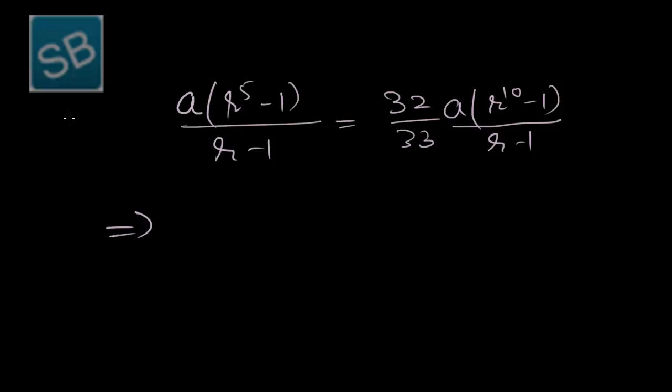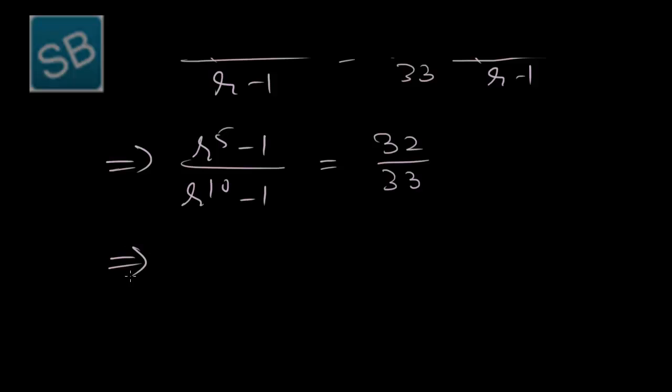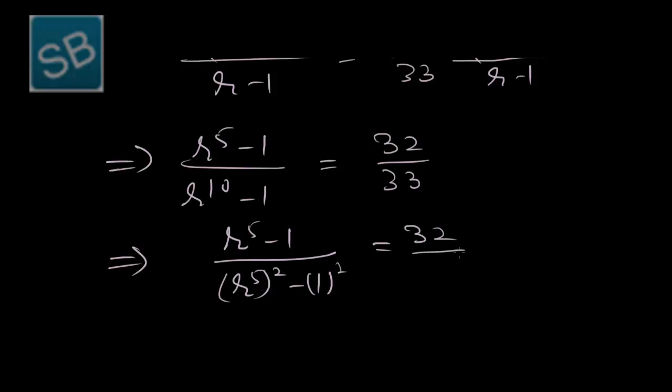From here we get A cancels out, R minus 1 cancels out, and we get R raised to power 5 minus 1 over R raised to power 10 minus 1 is equal to 32 over 33. And if we see, we can rewrite R raised to power 10 as R raised to power 5 whole square, minus 1, is equal to 32 over 33.